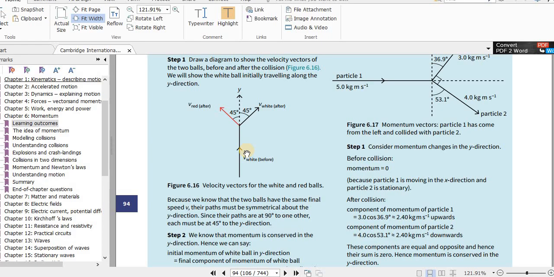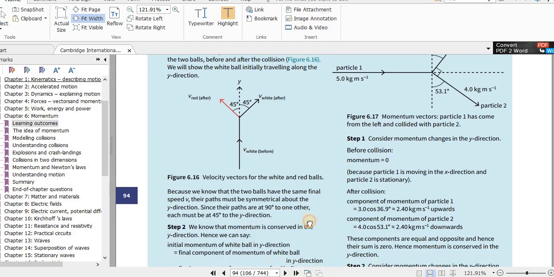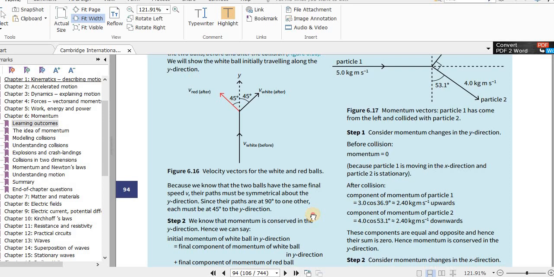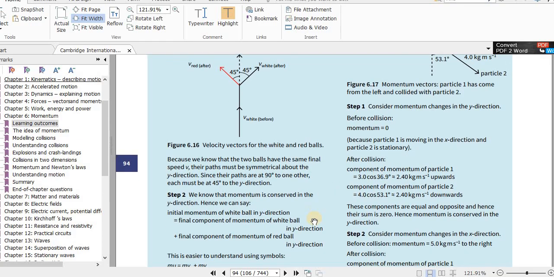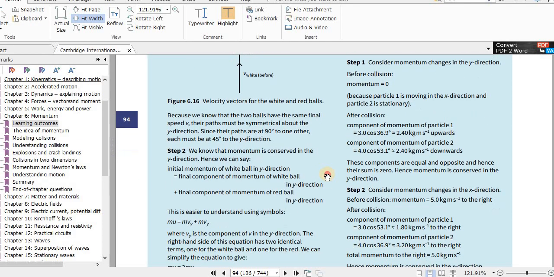Because we know that the two balls have the same final speed v, their paths must be symmetrical about the y direction. Since their paths are at 90 degrees to one another, each must be at 45 degrees to the y direction.